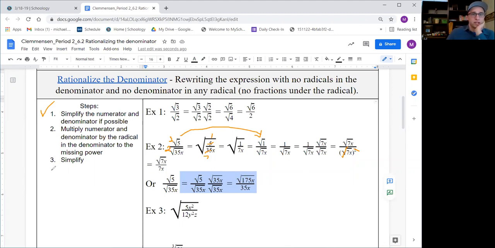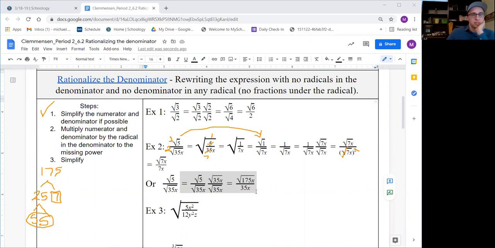So we'll have to use our factor tree. 175 is equal to 25 times 7, which can then be broken down even further into 5 times 5. So we have that pair of 5s, and then we have that 7 by itself.